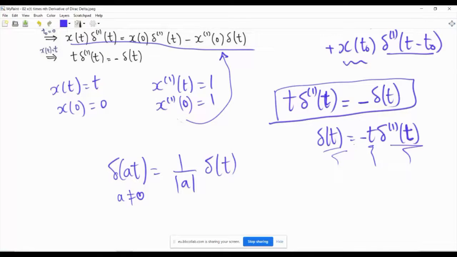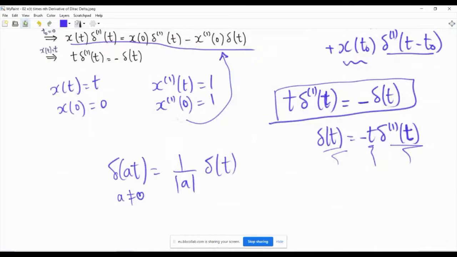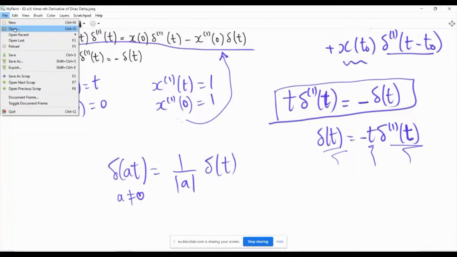What is the Fourier transform of this? You can actually take the Fourier transform of any polynomial, and it is expressible in terms of the Dirac delta and its derivatives. So those derivatives are important, and they are not useless.